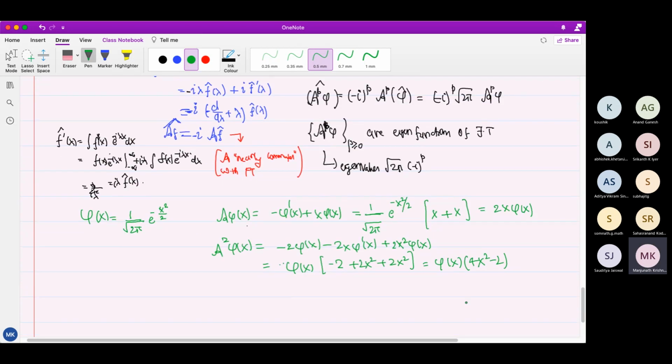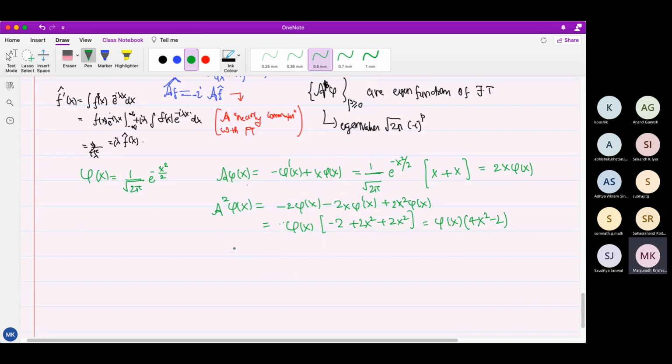So it is easy to see just by the structure of this that the p-th derivative of phi of x will look like phi of x times some h_p of x, where h_p is a degree p polynomial.